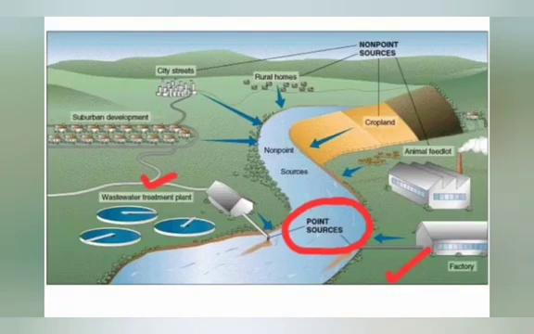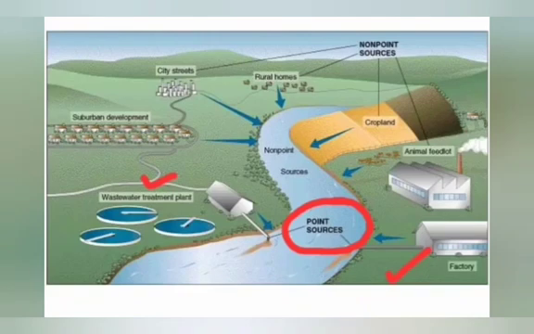How? See, there is a pipe going directly into the water. You can easily identify that this is a point where pollutants come from. Similarly, there is a pipe connected to the factory also going into the water.